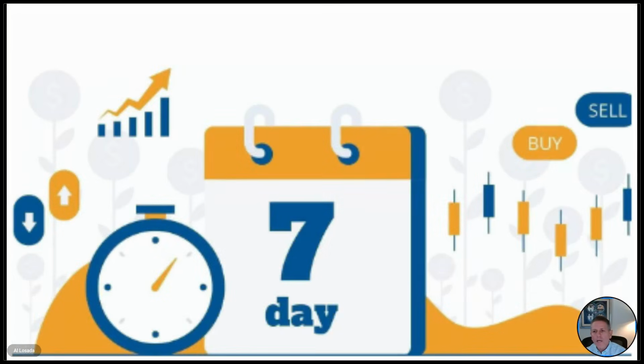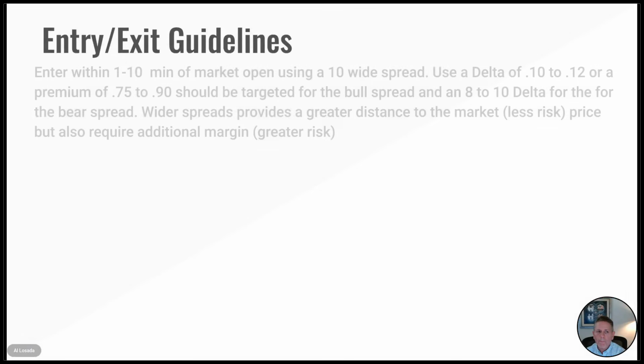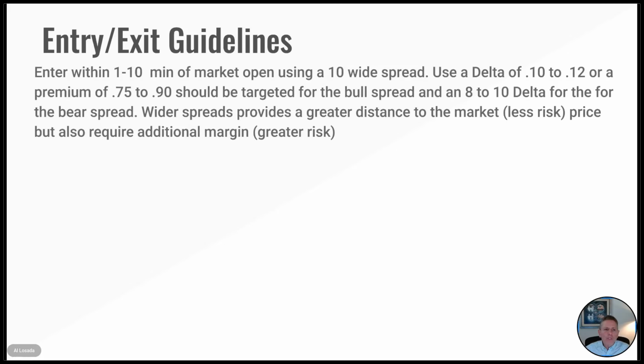Okay, so let's talk about the parts of 7-day DTE. All right, so what I like to do is when I enter a trade, I use a 1 to 10 minute margin from market open to basically a 10 wide.